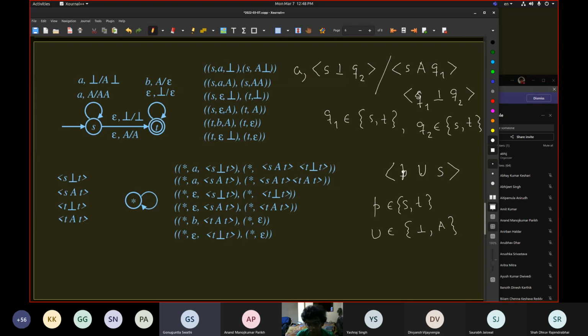Is it possible? No, sir. Because if it ends up in state S, that means it will always stay in state S, because it cannot come back to S from some other state. In this example, of course.